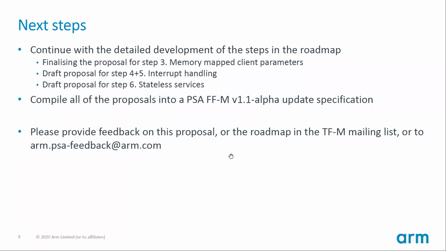Although we've got a more detailed write-up of these proposals internally, in order to publish them for wider review, what I'm planning to do is compile them into a version 1.1 alpha update specification. It won't be an update on the original, it'll be a separate document which describes all of the changes that we will make to end up with version 1.1.